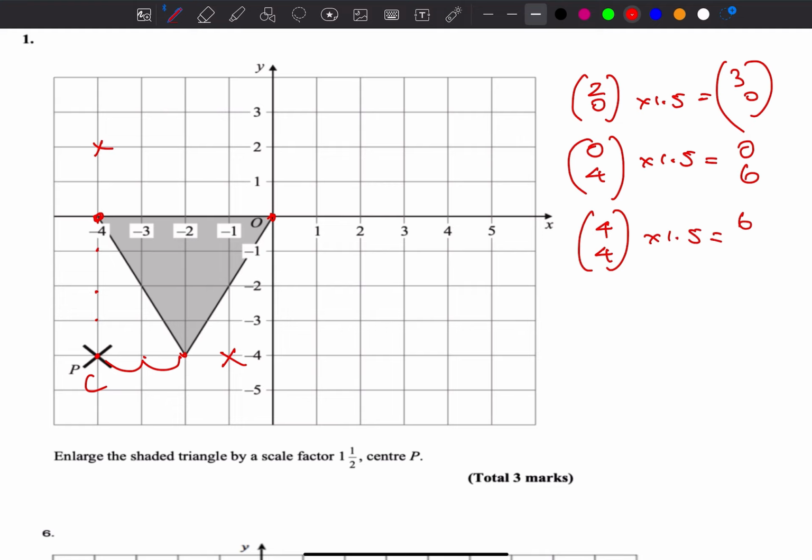That means you go 6 right, 6 up. There you go. Okay.